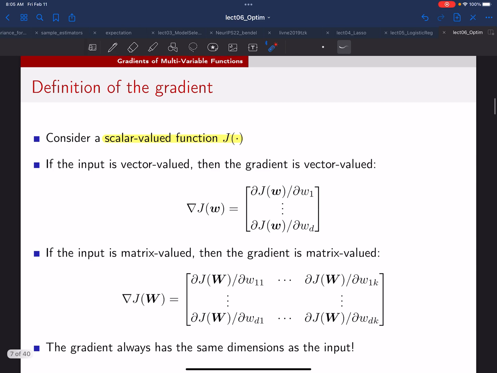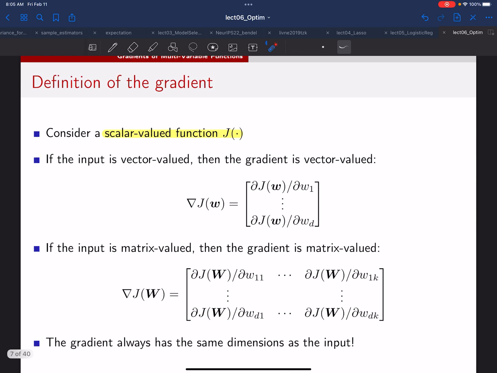But we also saw some examples where the parameters that we want to optimize are arranged in a matrix. We saw that in regression with multiple targets, or multinomial logistic regression with k greater than 2 classes. There we want to optimize over a whole matrix, and we can define the gradient in this case too.